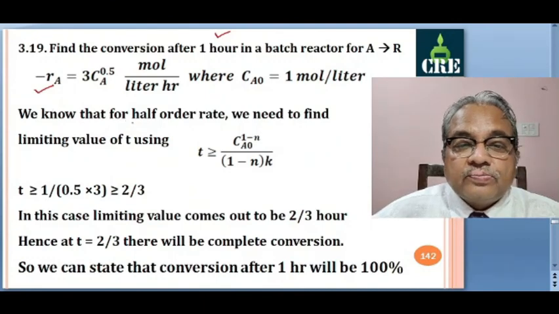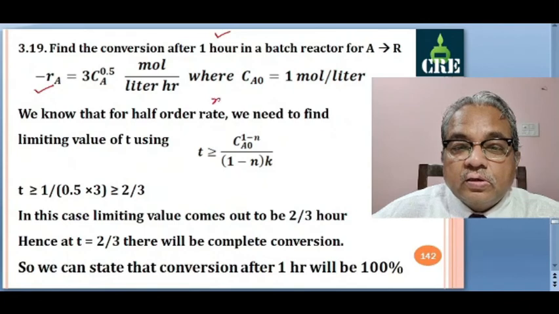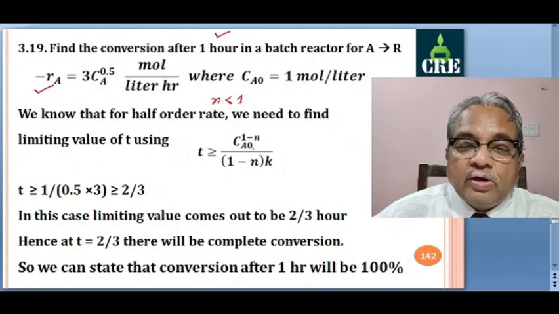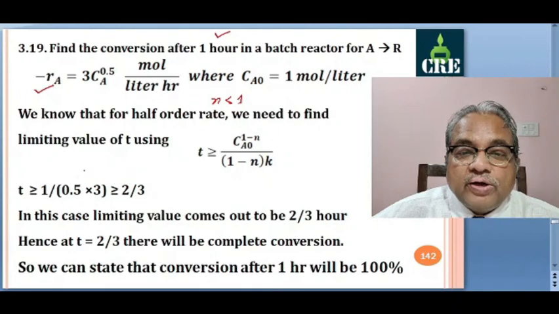We know that this is half order rate, so N is less than 1, and for N less than 1 we have to test the limiting value of T. For T greater than or equal to Ca0 raised to 1 minus N divided by 1 minus N into K, we need not carry out the integration beyond this time limit.